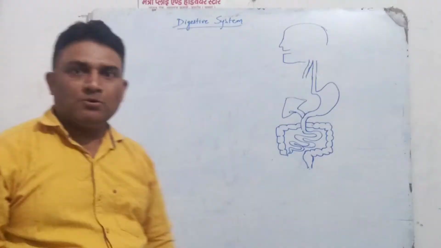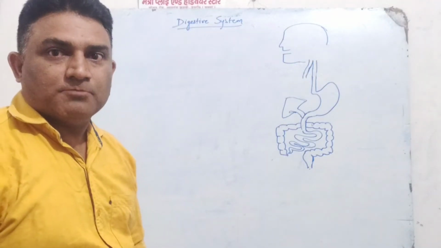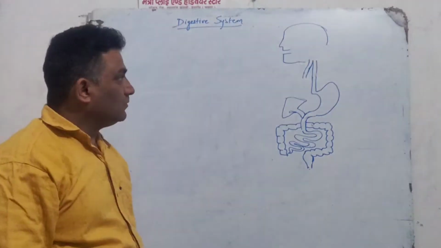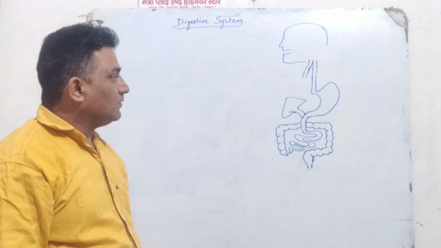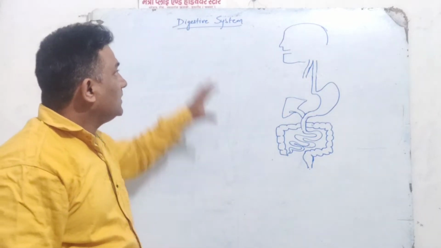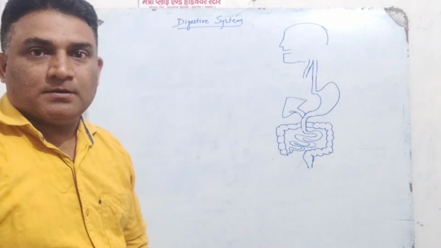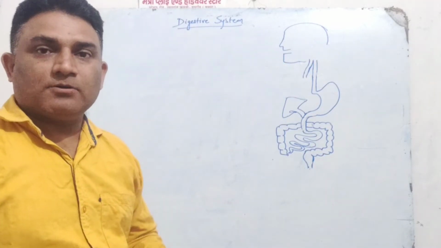What we are going to study? We are going to study the important part, that is the digestive system, in which we are going to check out what this digestive system is doing or helping us to carry out our life process.